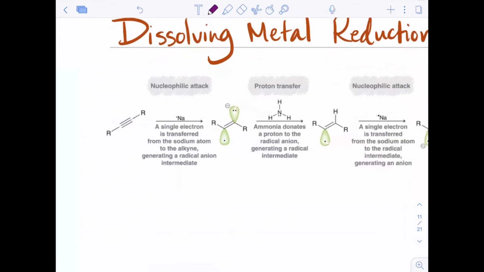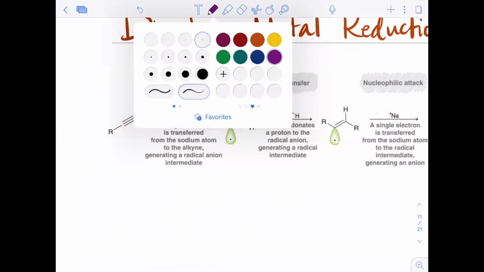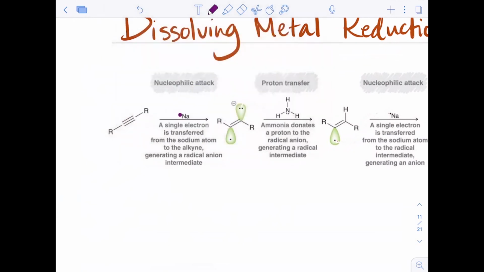So the first thing that we have here, and I'm just going to redraw that 1 electron a little bit bigger. What we are going to see is that sodium will donate its electron to be paired with 1 electron from one of the pi bonds. It doesn't matter which pi bond you're starting to show.